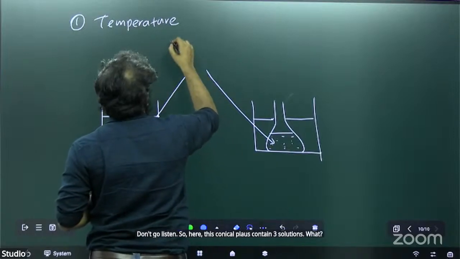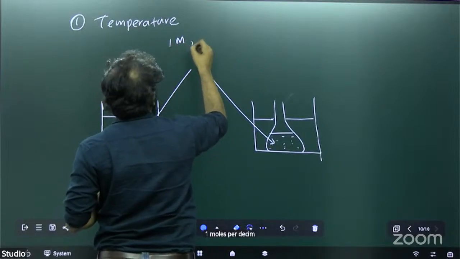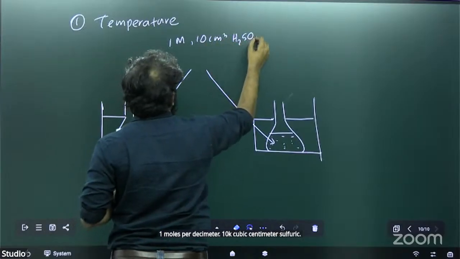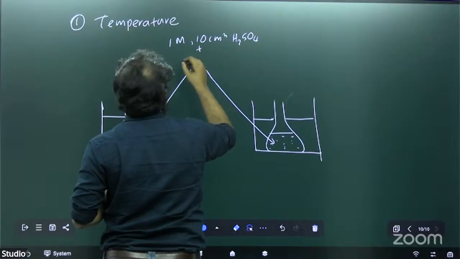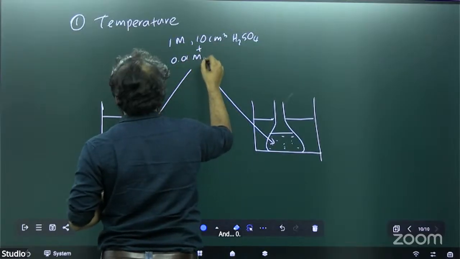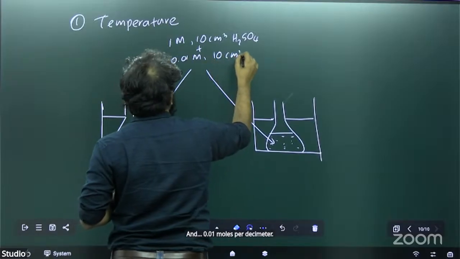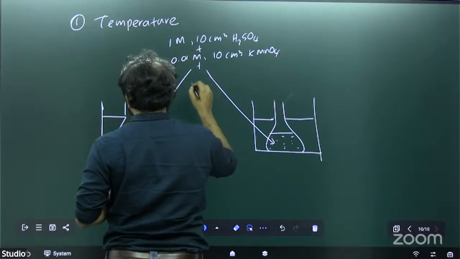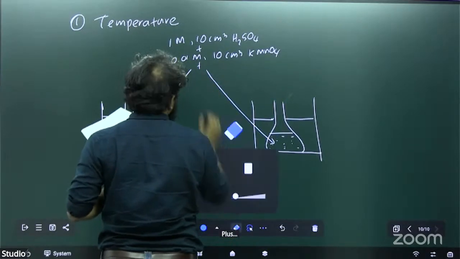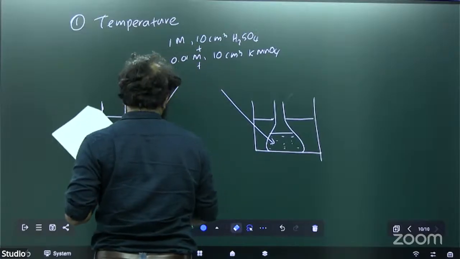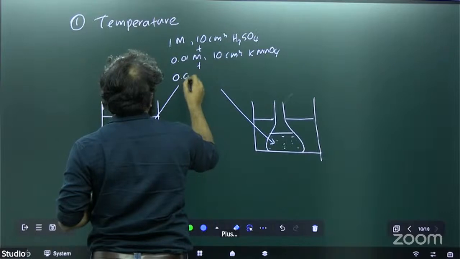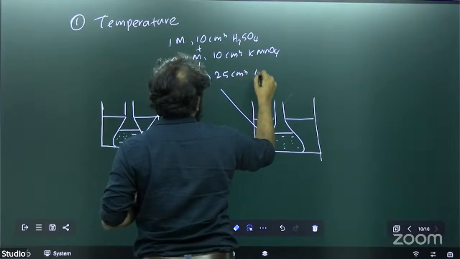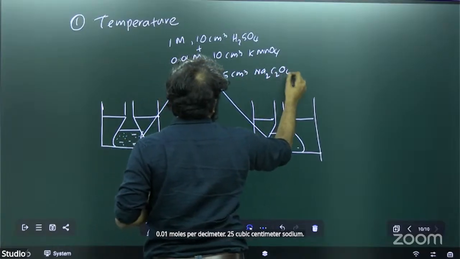1 mole per decimeter cubed, 10 cubic centimeter sulfuric acid, and 0.01 moles per decimeter cubed, 10 cubic centimeter KMnO4, plus 0.01 moles per decimeter cubed, 25 cubic centimeter sodium oxalate, right?